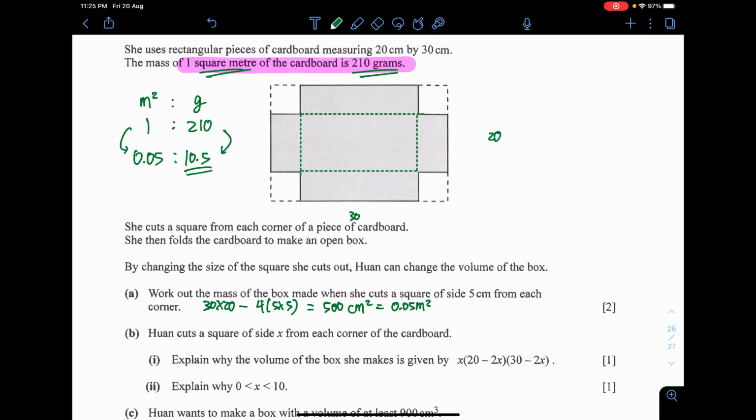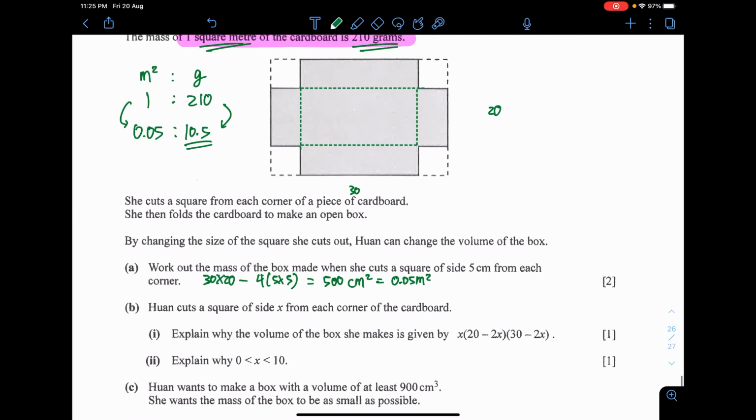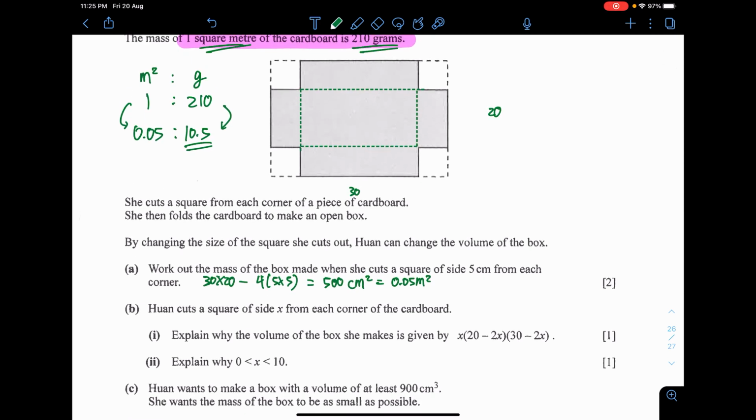Next, one cuts a square of the side of x cm on each side. I just assume it's cm. So this is x. This is gonna be interesting. Show that the volume of the box that she made is this.